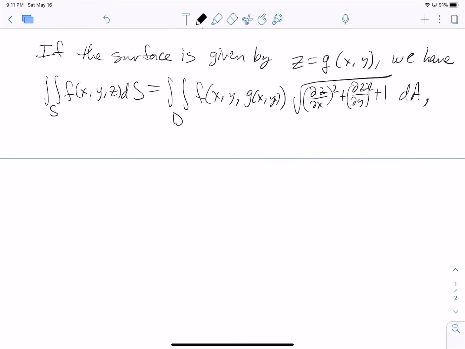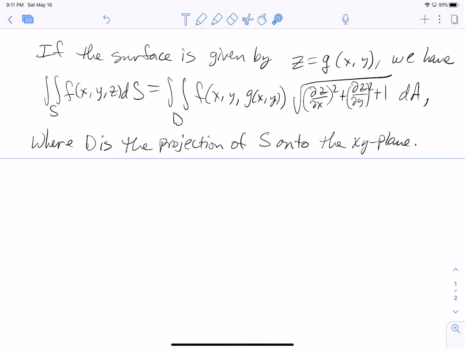And I should say for this, D is the projection of S onto the xy plane, in particular because we have this parameterized basically with x and y as the parameters. Similar representations exist if y was a function of x and z, for instance.